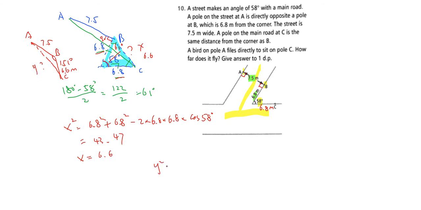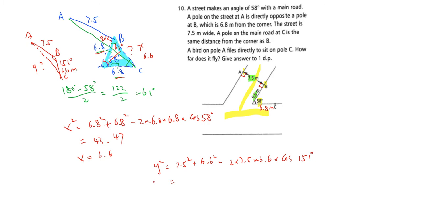So y squared should equal 7.5 squared plus 6.6 squared minus 2 times 7.5 times 6.6 times cosine. Do you know the angle? Yeah, 151 degrees.